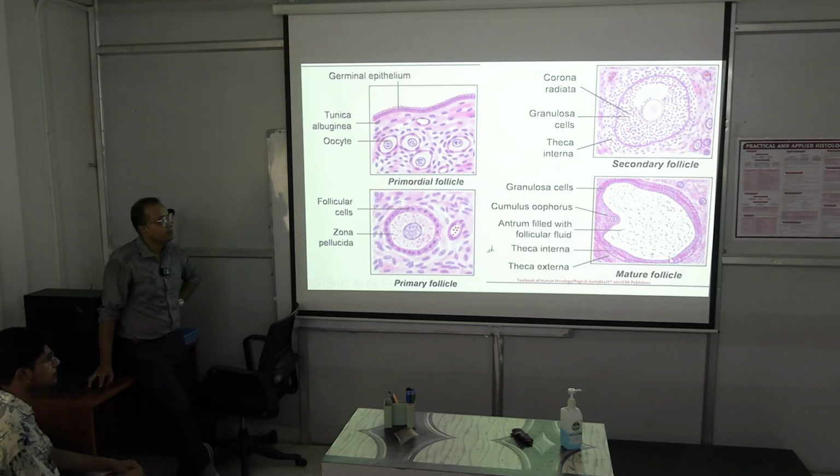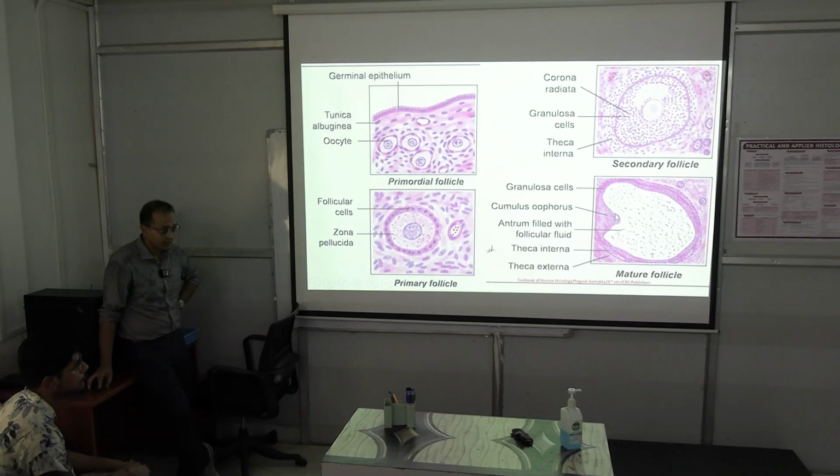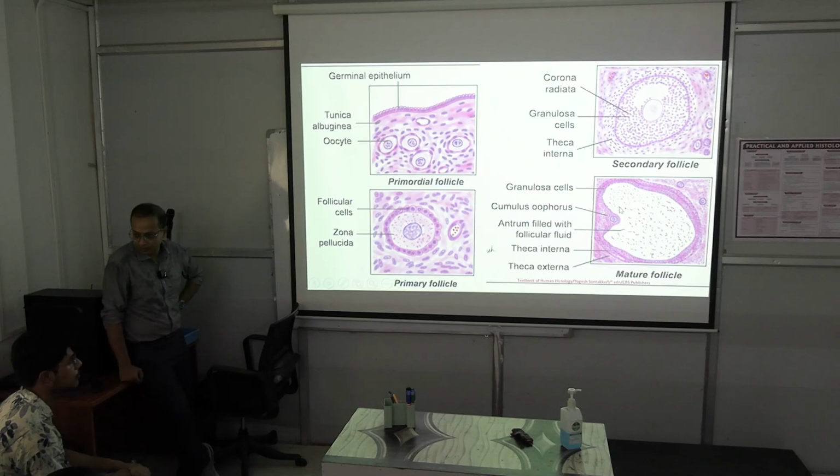Once the cavity is full grown, you see a big cavity filled with fluid. We call this antral fluid, and the cavity the antral cavity. Here you see the ovum or oocyte, surrounded by a cell layer which we call the corona radiata.